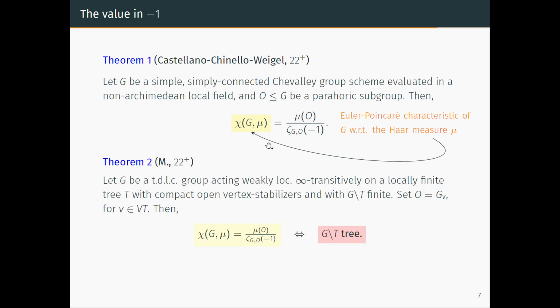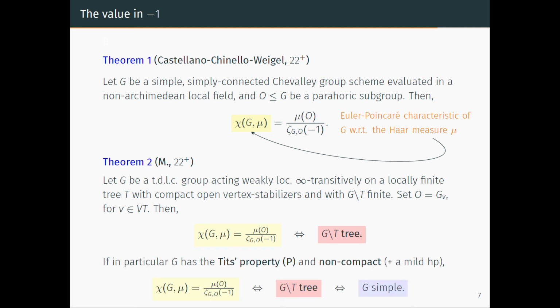Inspired by this, we are then able to characterize when this equation is satisfied in our setting. More precisely, it is satisfied if and only if the quotient graph of the action is a tree. This geometric characterization can be furthermore refined if G has the Tits property P and it is non-compact, because it is satisfied if and only if the group is simple.